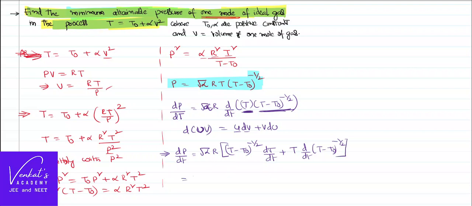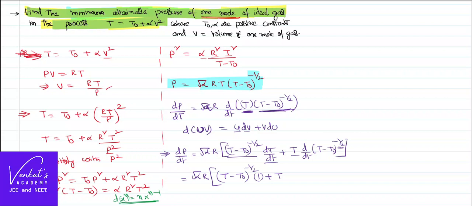Let us simplify this. Root alpha R is constant. This is the same value. I am not changing it in any way. Differentiation of temperature with respect to T is equal to 1, plus T into, we have a formula, differentiation of x power n equal to n into x power n minus 1.